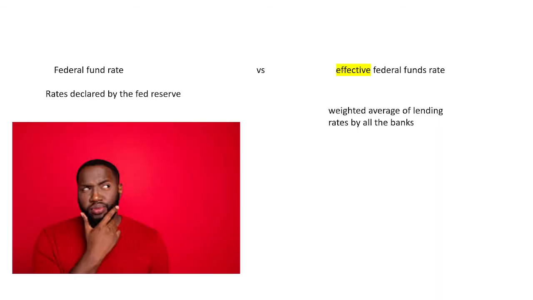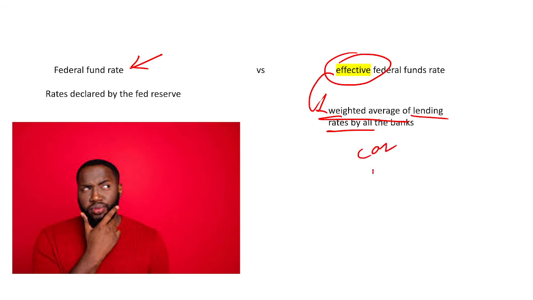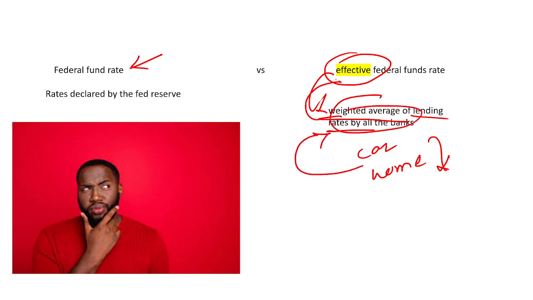Then there is another rate which is similar to the FFR, which we have called the federal fund rate, right? That is called the effective federal fund rate, right? This effective federal fund rate is nothing but the weighted average of all the lending rates, right? Because we can take a car loan or home loan or something like that, multiple loans. So there is a weighted average of all these loans, and that weighted average is called the effective federal fund rate, right?